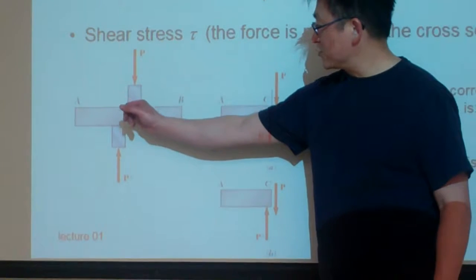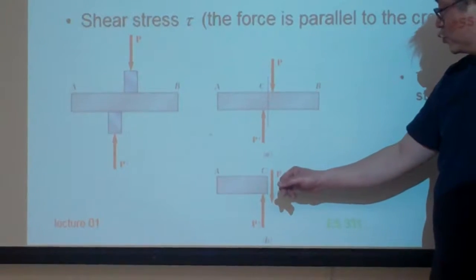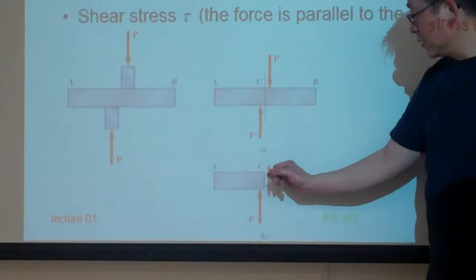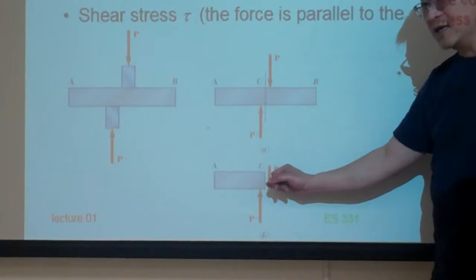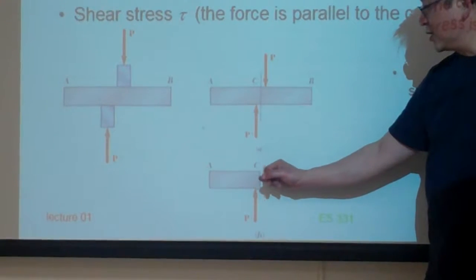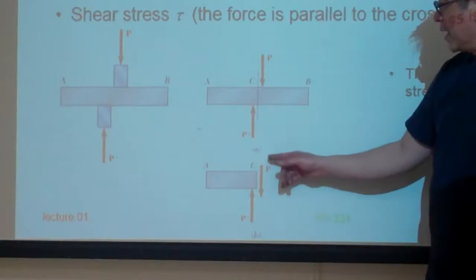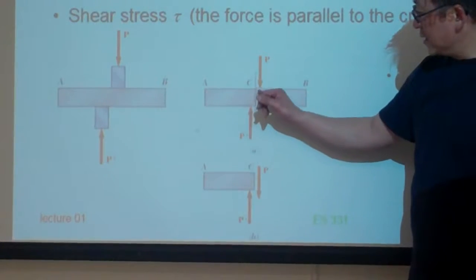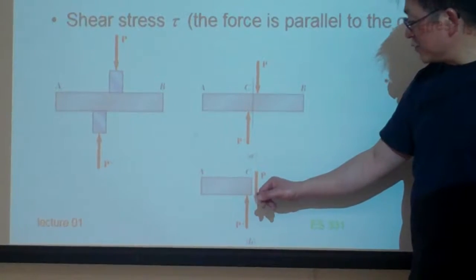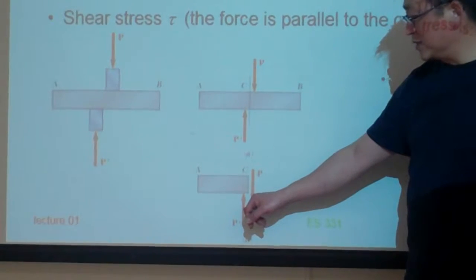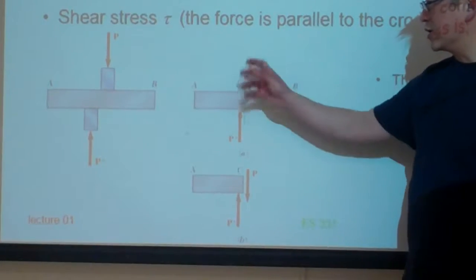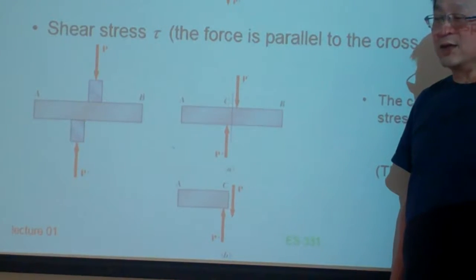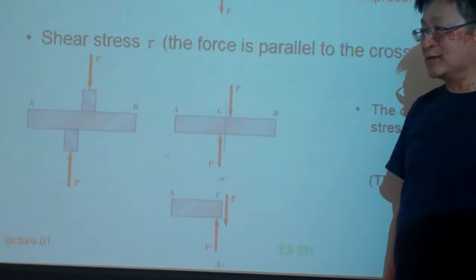Once I pick this cross section, I simply do the free body diagram to keep this portion. So this is the cross section we expose. By equilibrium, on this cross section we must have a reaction to counterbalance this one. Otherwise, this block will keep rotating. In mechanics of materials, we study statics.